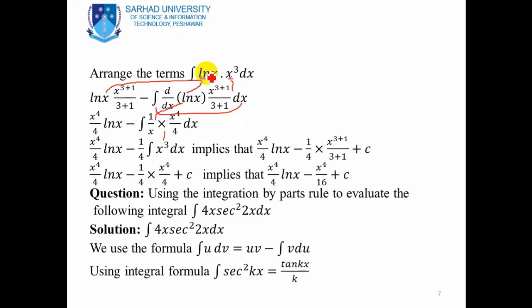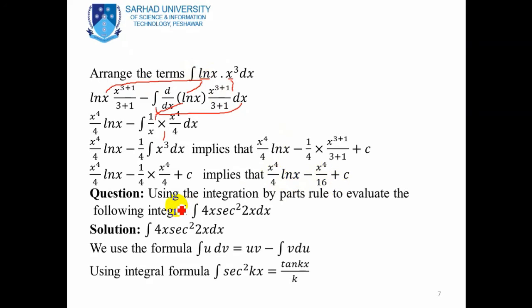So dear students, note that in the product of polynomial and trigonometric function, consider polynomial as the first function, and in the product of polynomial and logarithmic function, consider polynomial as the second function and logarithm as the first function for the integration by parts formula. Then we can evaluate the integral easily. Now you see the obtained result: x power 4 divided by 4 natural log of x minus x power 4 divided by 16 plus c.